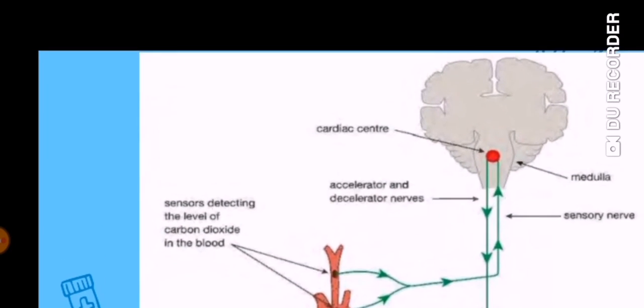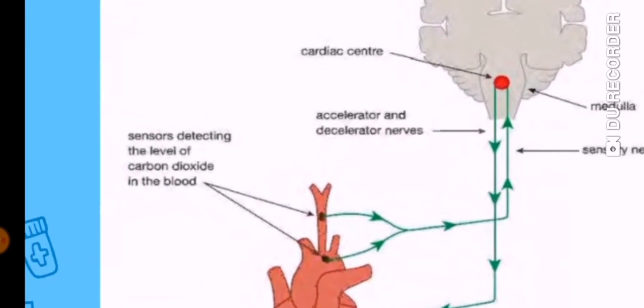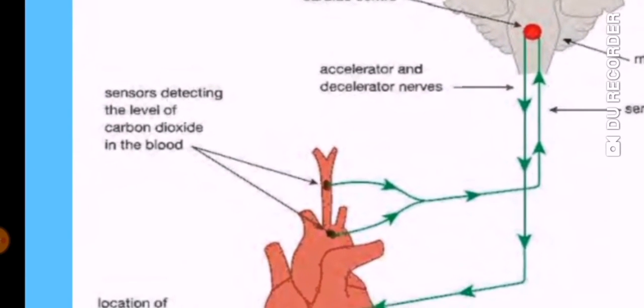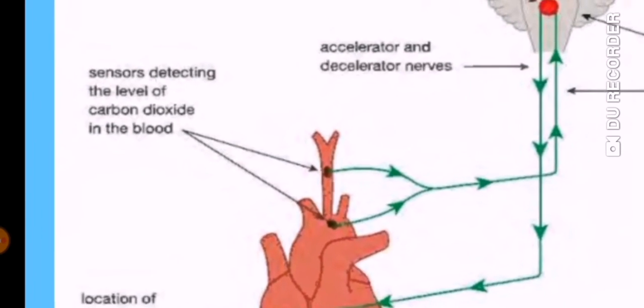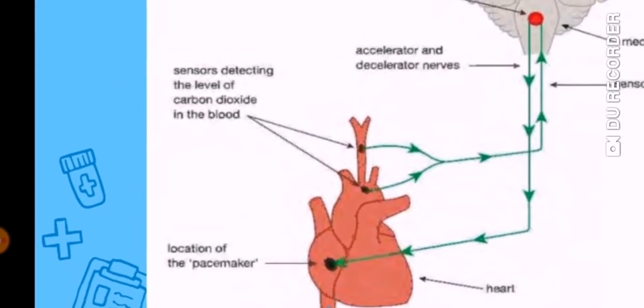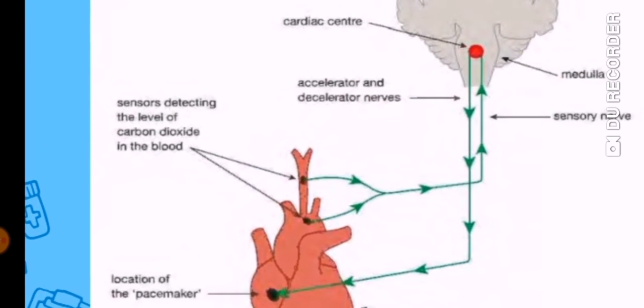Now the heart rate has increased. So when carbon dioxide returns to normal, the medulla receives fewer impulses. So it responds by sending nerve impulses along the decelerator nerve.